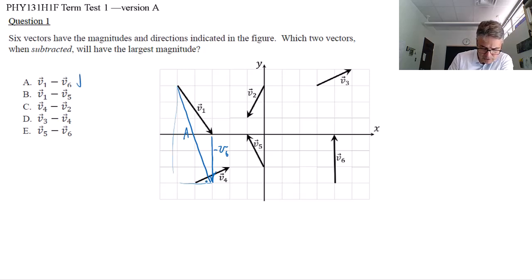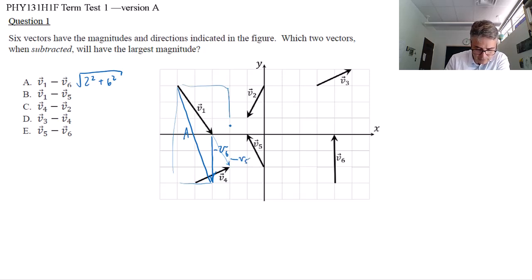You can see right there that's going to be the square root of 2 squared plus 6 squared. V1 minus V5, that's going to come out here. This is your minus V5 vector.